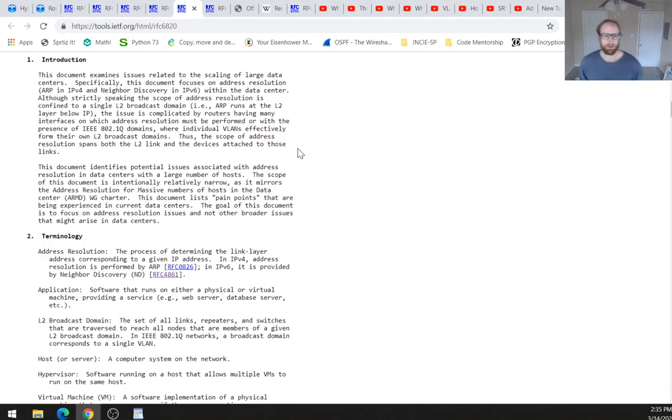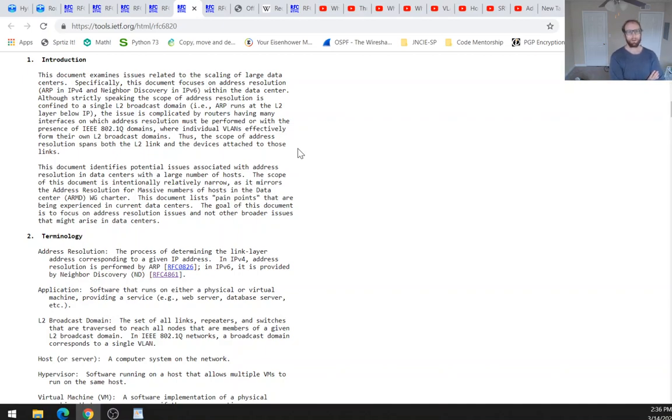This document examines issues related to the scaling of large data centers. Specifically, the document focuses on address resolution, ARP in IPv4, and neighbor discovery in IPv6 within the data center. Although strictly speaking, the scope of address resolution is confined to a single L2 broadcast domain. For example, ARP runs at the L2 layer below IP.